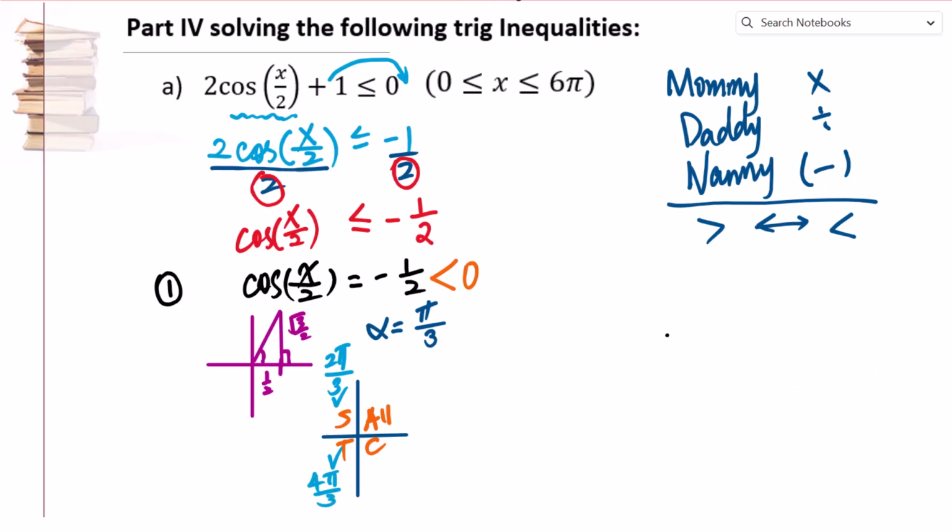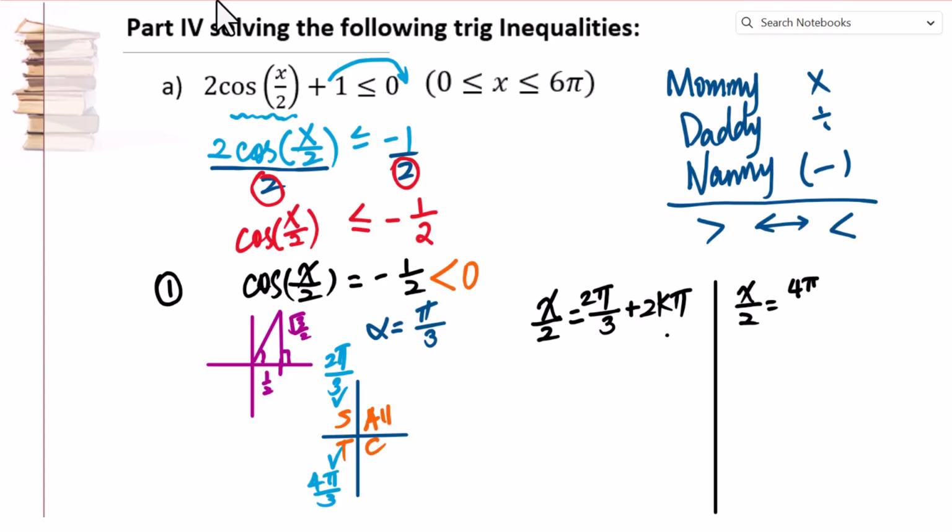Since the domain is between 0 and 6 pi, we need to use the all-solutions format to figure out all angles between 0 and 6 pi. So we have x over 2 equals 2 pi over 3 plus 2k pi, and x over 2 equals 4 pi over 3 plus 2k pi. K is all integers.